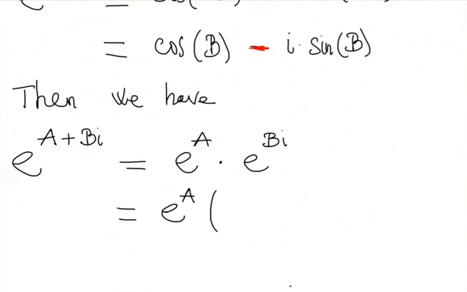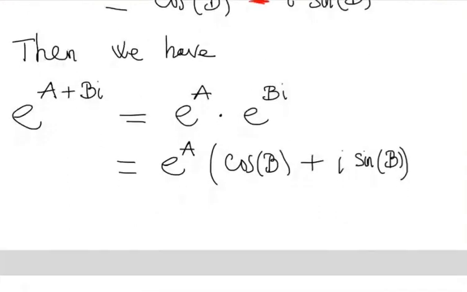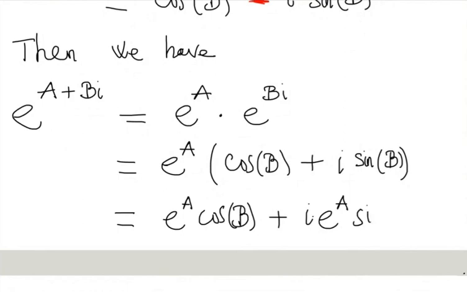Euler's formula says that we have cosine b plus i sine of b. So together, let's just distribute it. We have e to the a cosine b plus i e to the a sine b.